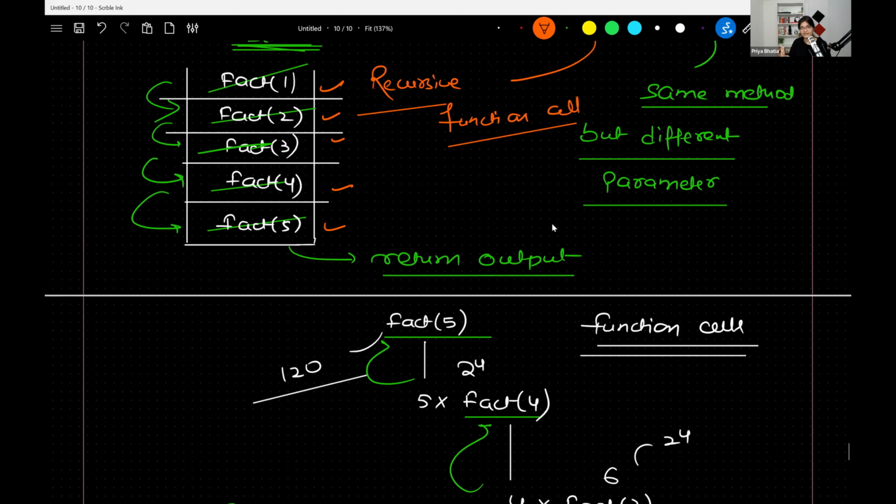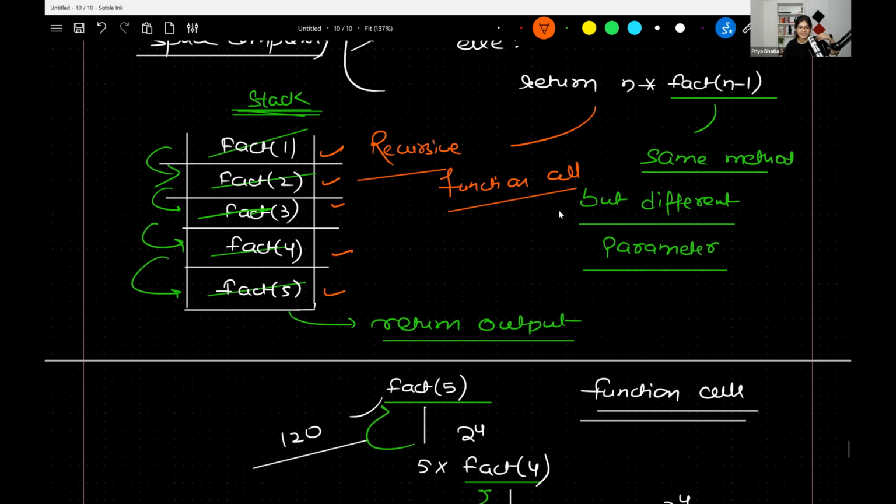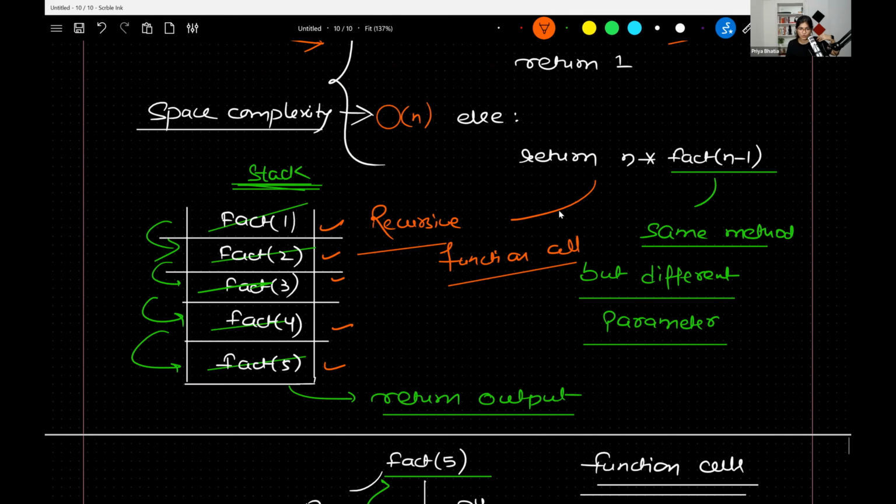When the value of n is 10, for example, when I am trying to calculate factorial of 10, I will use a 10-level stack space. So it means that the space complexity of this code will be big O of n because of the usage of this stack data structure, which is always used in recursion.